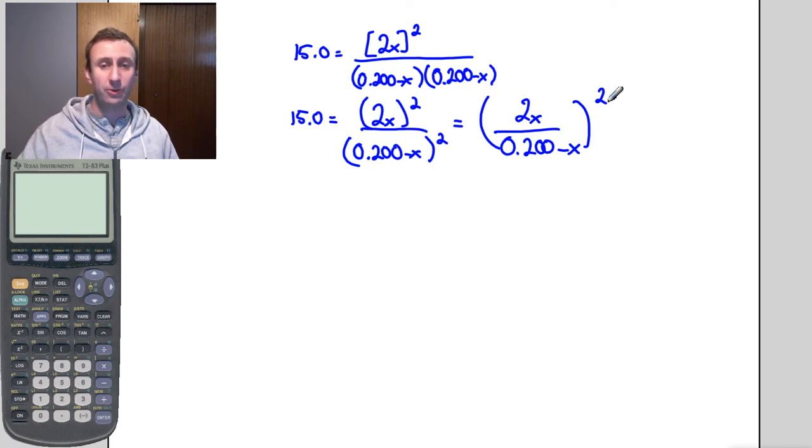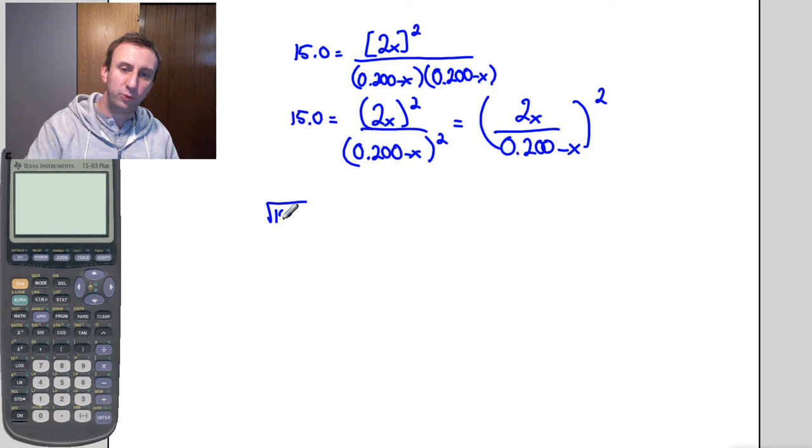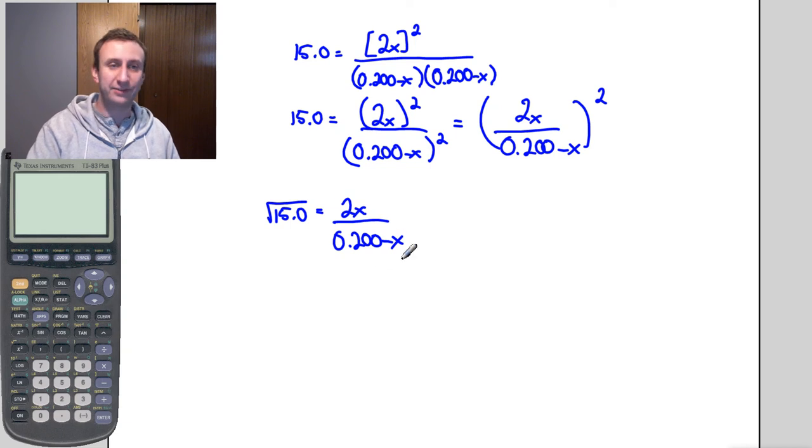So now that I know that, I can get rid of this squared by square rooting 15.0, so square rooting both sides, and saying that's equal to 2x over 0.200 minus x. So now I need to get all of my x's together on one side and everything else on the other. So I'm going to move this binomial up to the top.